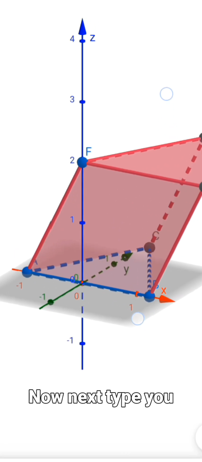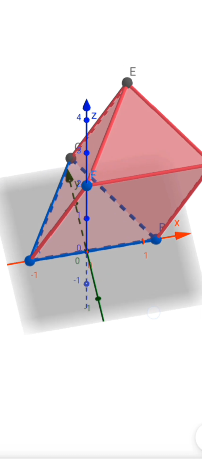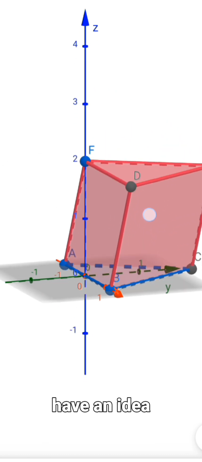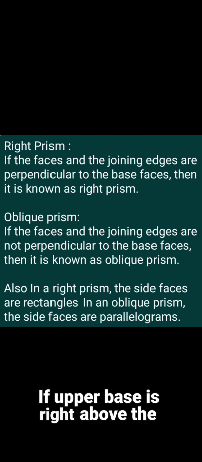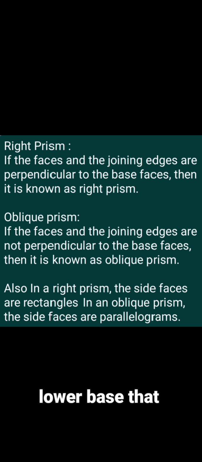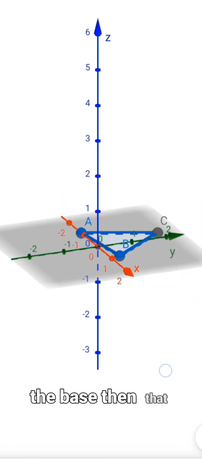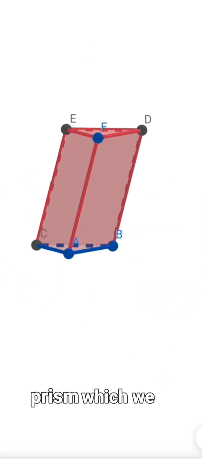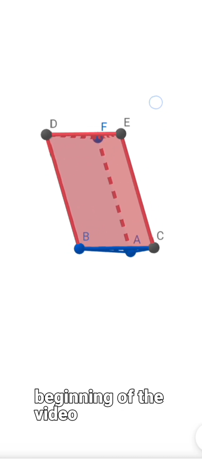Now the next type you are seeing is an oblique prism. As the name suggests, you can have an idea. If the upper base is right above the lower base, that means joining lines are perpendicular to the base, then that is called a right prism, which we have taken in the beginning of the video.